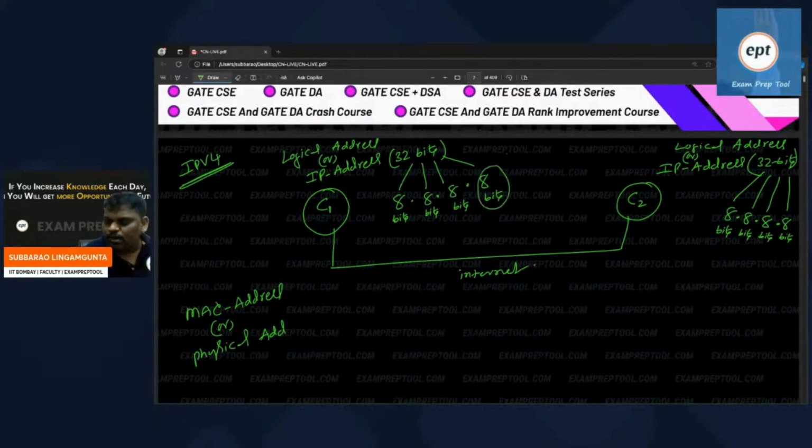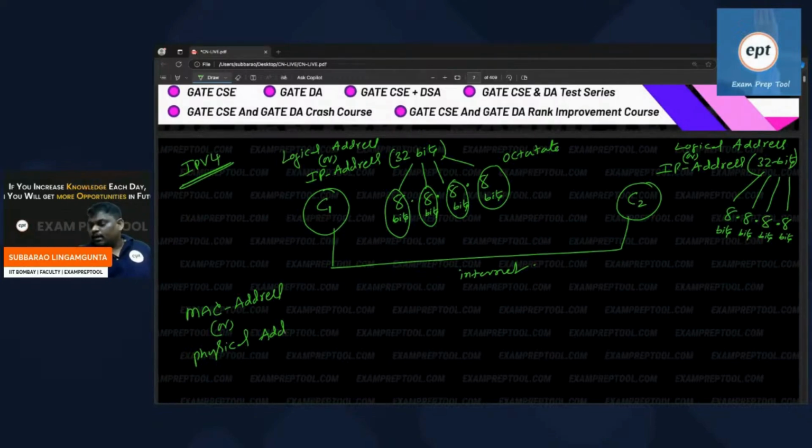This is called an octet. So these 32 bits will be divided into 4 octets. It is a logical address.